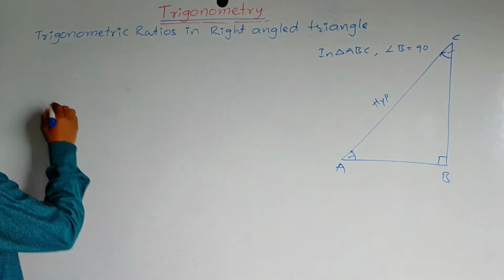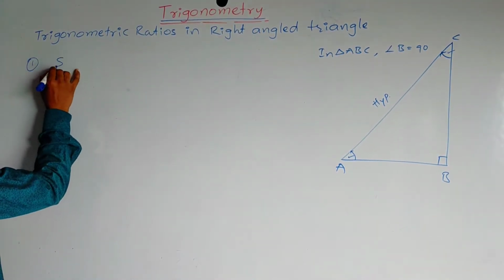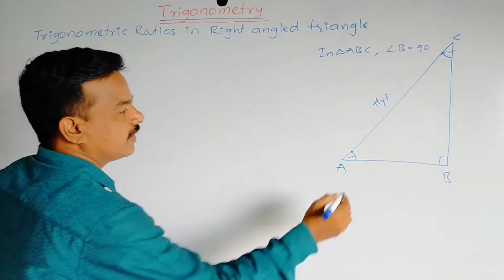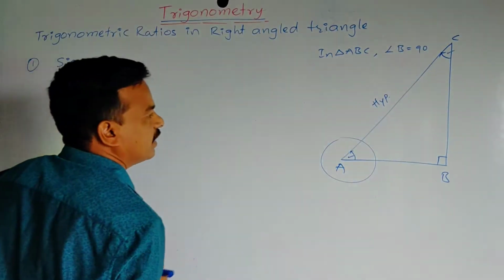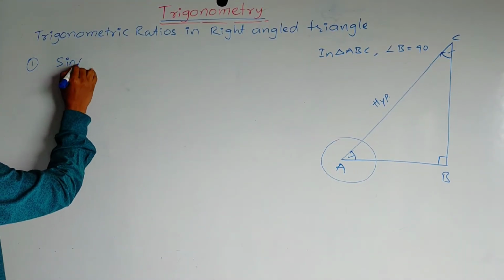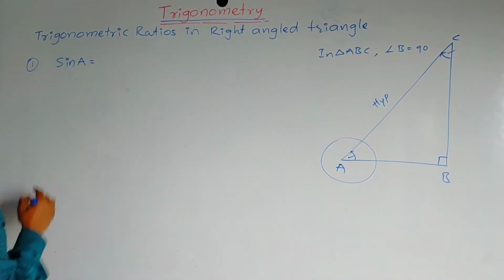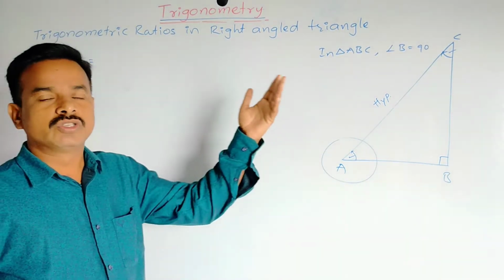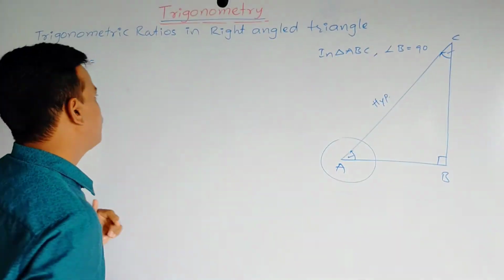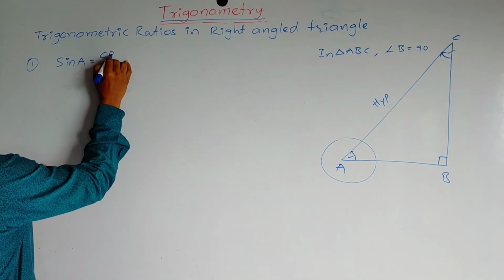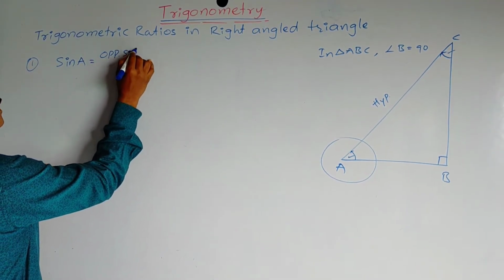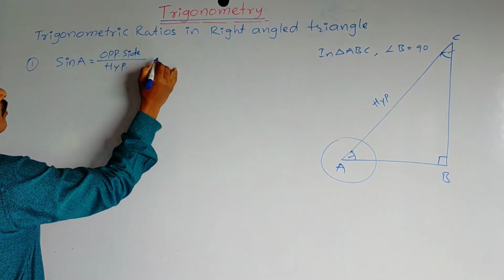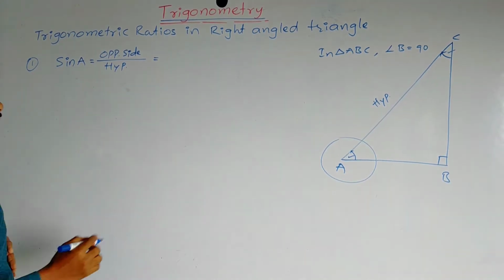Now I'm taking the first ratio, sine of angle A. The sine ratio formula is opposite side divided by hypotenuse. What is the opposite side of angle A here?